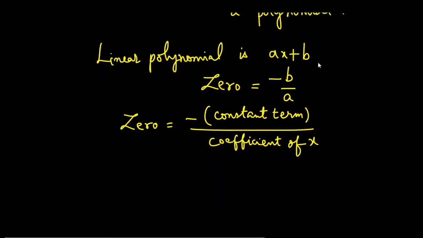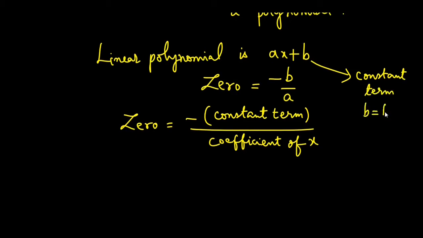The constant term b can be written as b into x power 0. So the constant term can also be considered as a coefficient, the coefficient of x power 0.